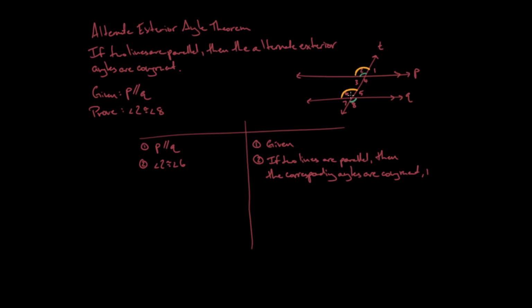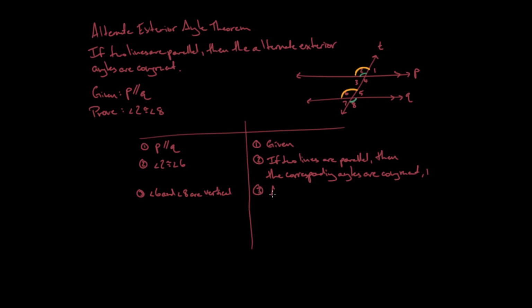So 2 and 6 are congruent. Now I want to talk about 6 and 8. And so from the diagram, this is only one of the two things I can assume from a diagram. I can say that angle 6 and angle 8 are vertical angles. So this is statement number 3. Angle 6 and angle 8 are vertical.